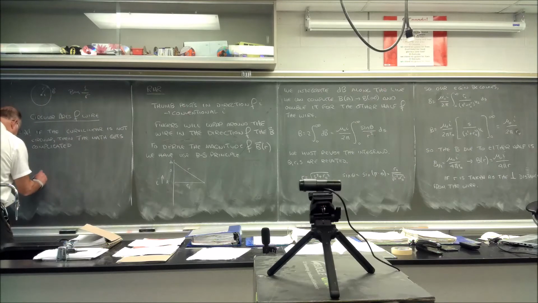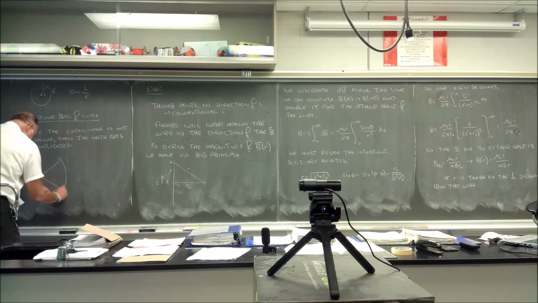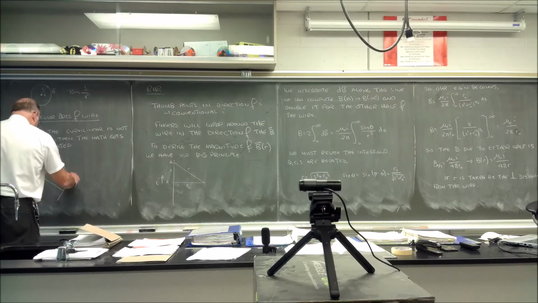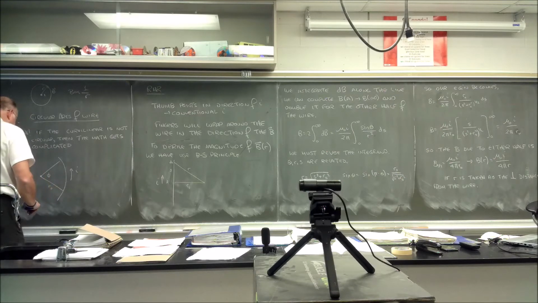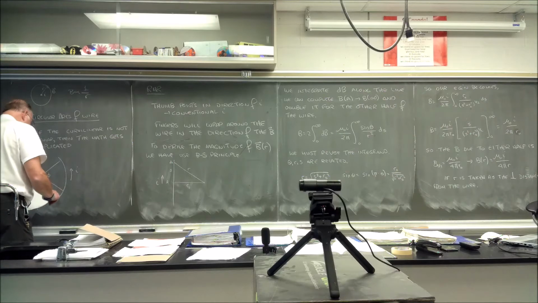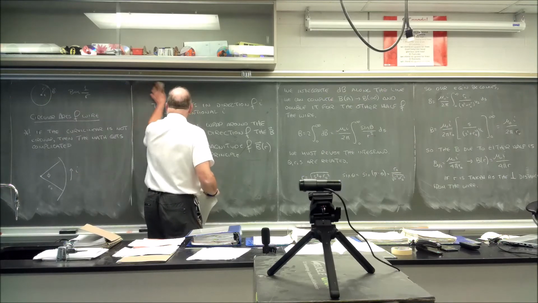So here we have a center of curvature. We have our wire. And we'll say the current is traveling in this direction. So there'll be some phi here, and a specific R0 for the radius. And once again, we have the ds calculus thing, which we've done already. So let's see what happens here.